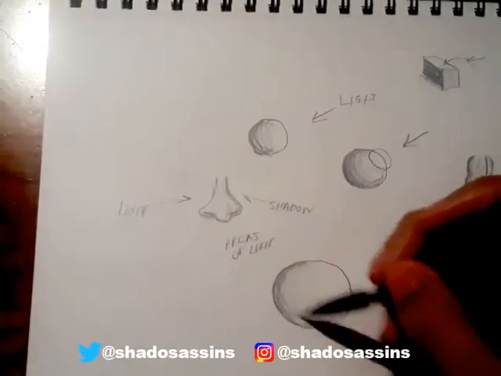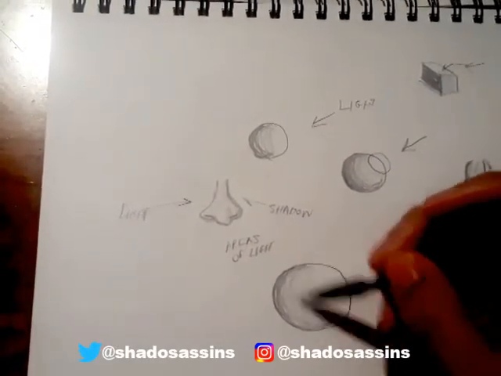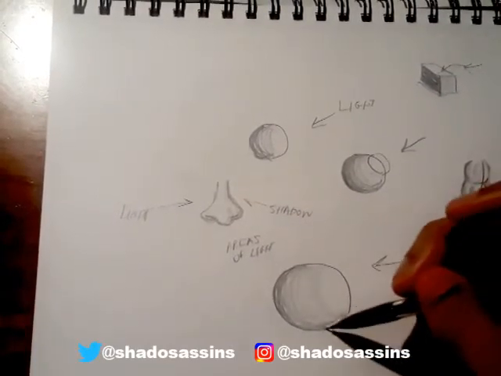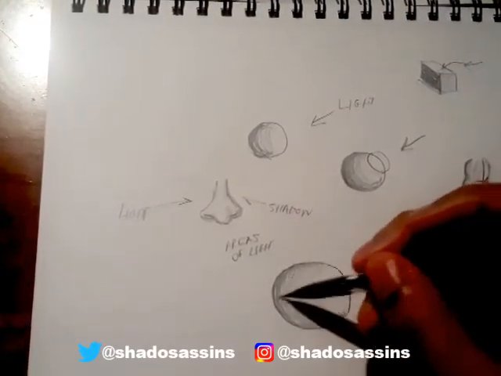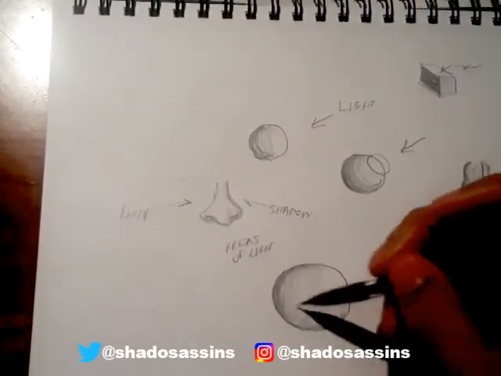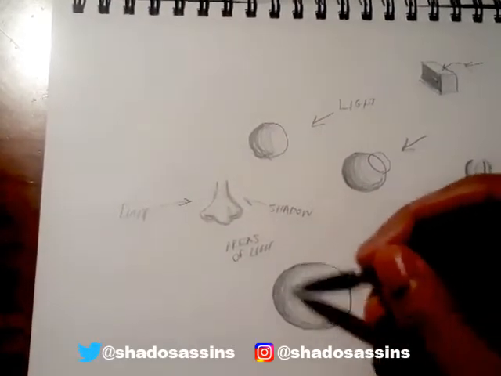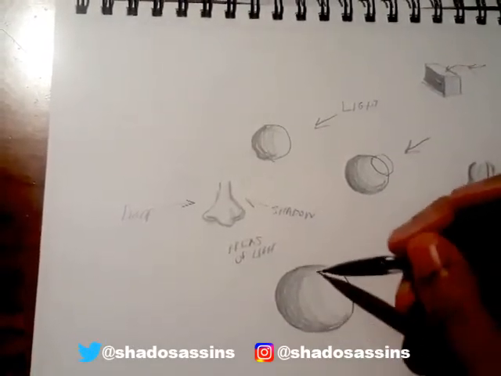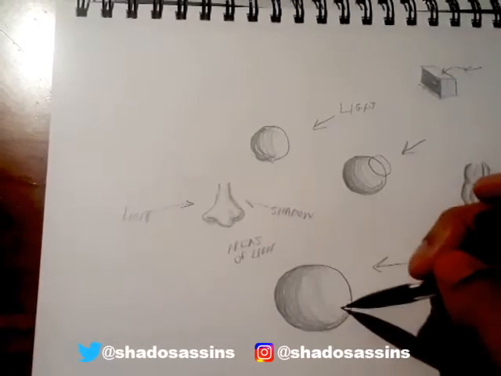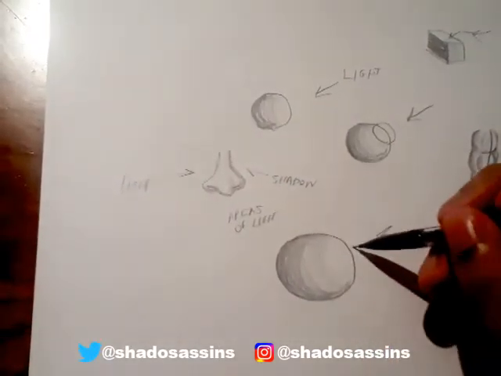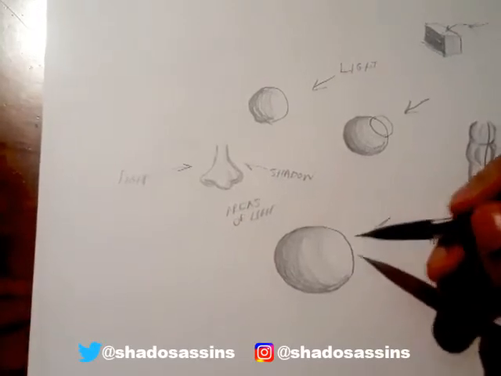So I'll have my shadows coming in this way, where the light source is right here where my main highlight is.